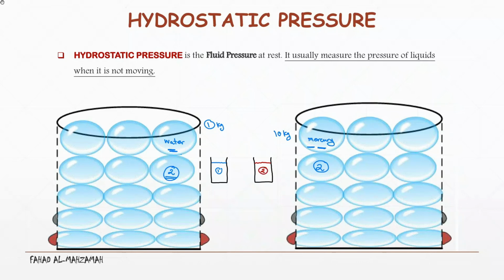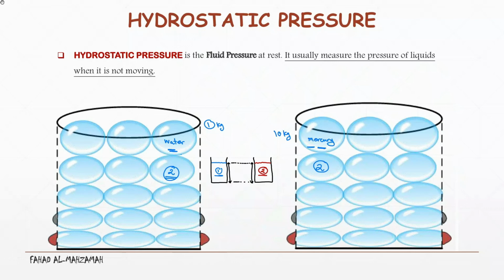As you can see, they have the same height, and we said that as we go for more height, the pressure will increase, and they have the same height, so they must have the same pressure. However, the answer is no, because this liquid is different from the other one. So the other factor is you need to know the liquid that is in the container in order to calculate the pressure.